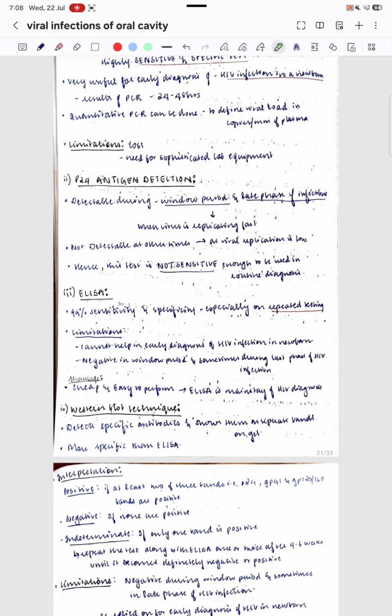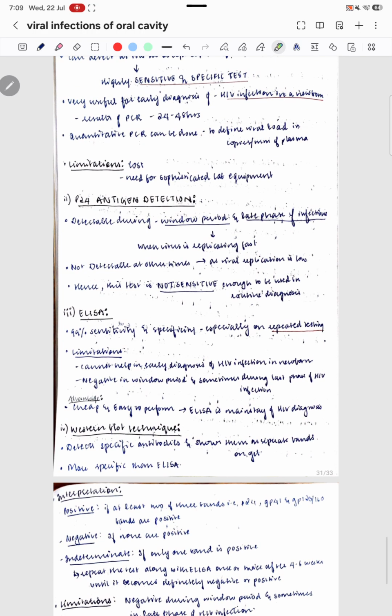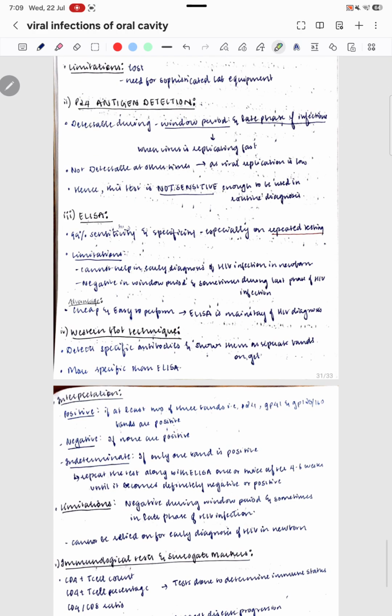In the window period of infection we don't detect the antibodies in the blood, but when the virus is replicating, we can detect the antigens in the blood. That is usually in the window period. Then this is a non-sensitive test, and this is only positive in the window period, not in the primary period.